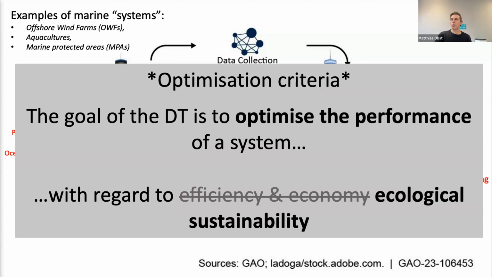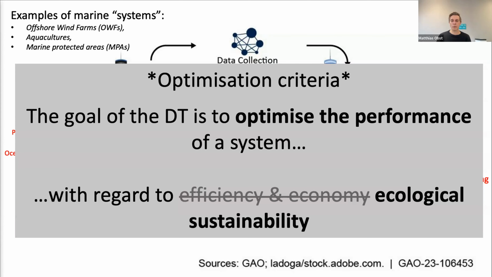But again, when we're designing all this, it's very important to keep the optimization criteria in mind, because coming from the engineering perspective, that is not the same. The goal of a digital twin is to optimize the performance of a system, and that can be a factory setup, a city or part of a city. And then the optimization criteria are efficiency and economy, of course.